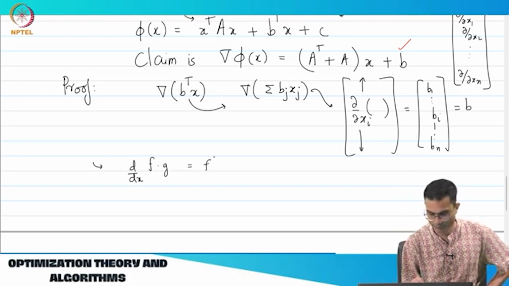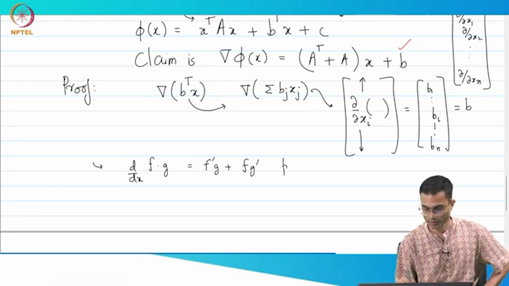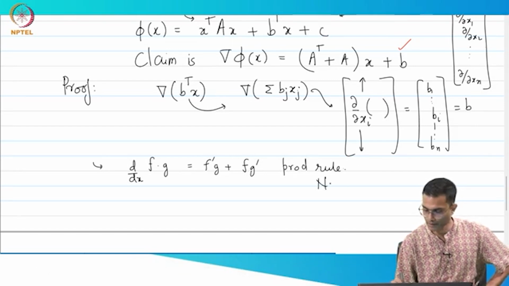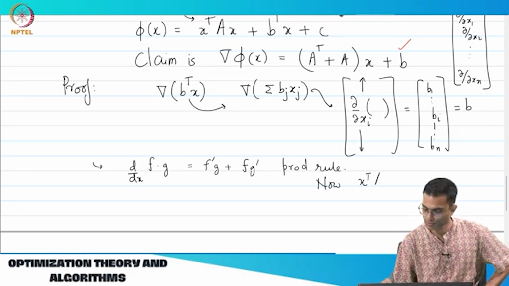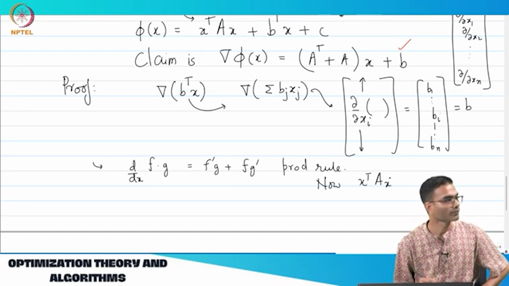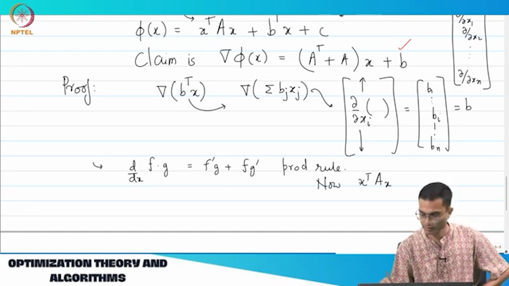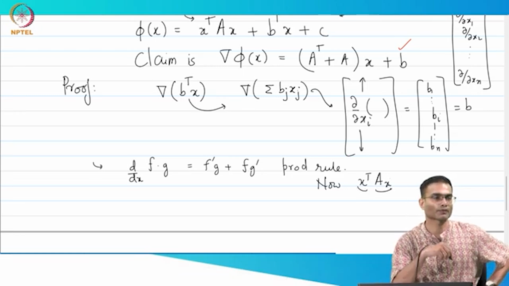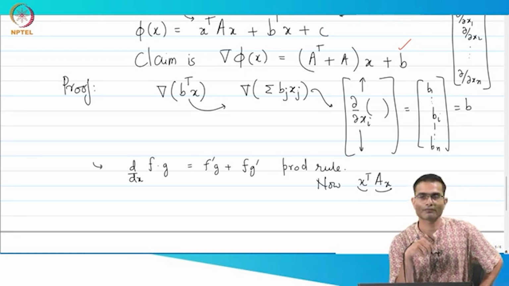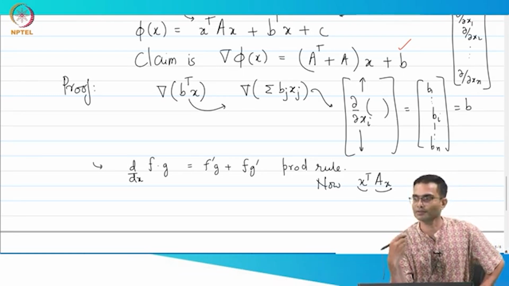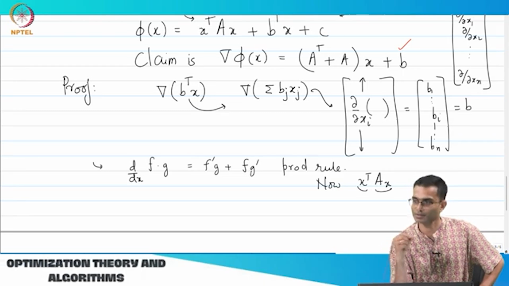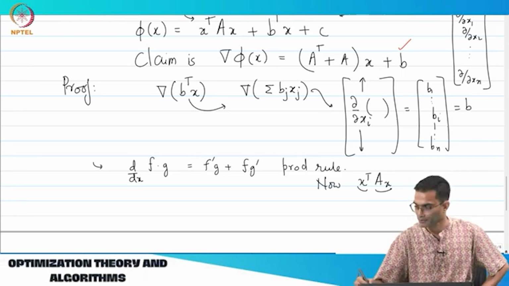So you would do f dash g plus f g dash, right? That was our product rule. Now what do we have? X transpose ax. It again looks like a product rule, right? Product of two functions. However, we have not yet written the generalization of product rule. So let's do that, and then this will be a piece of cake.